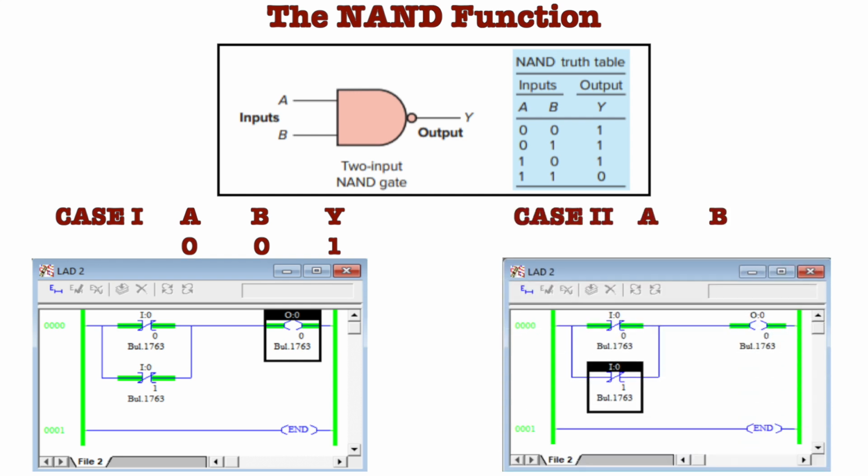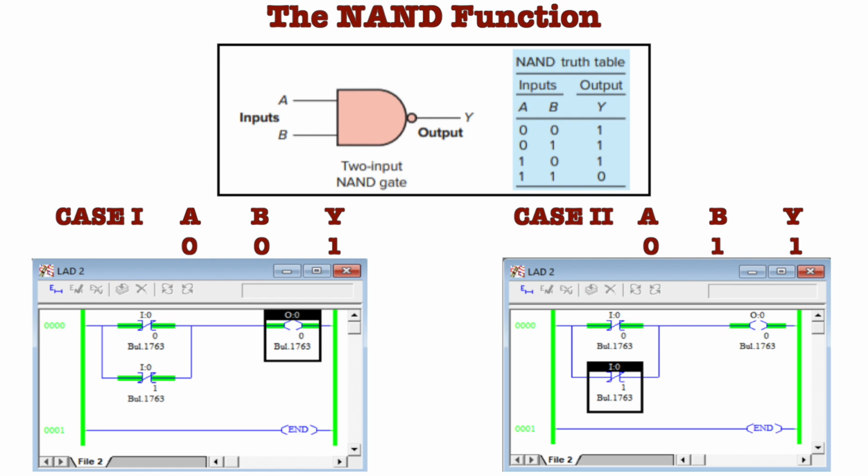In the second case, when A is 0 and B is 1, the first switch A will remain in its normally closed condition, but since we are giving one input to the B switch, it will change its state from normally closed to normally open.